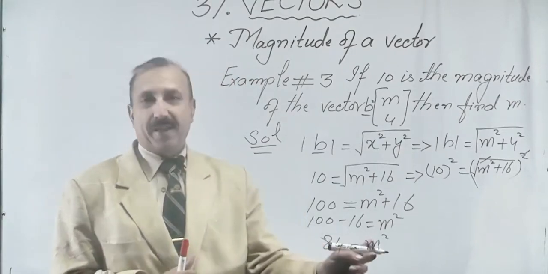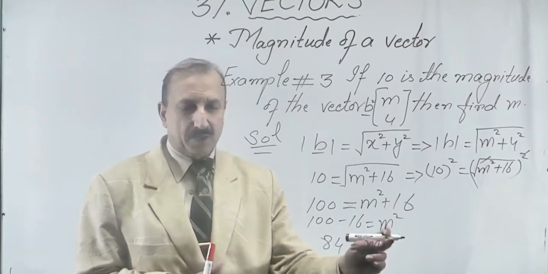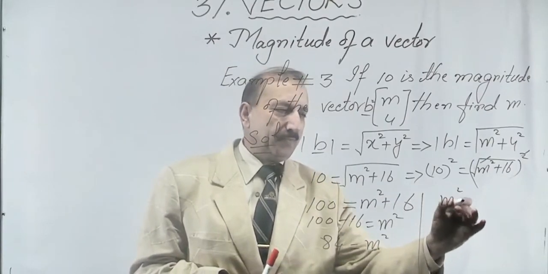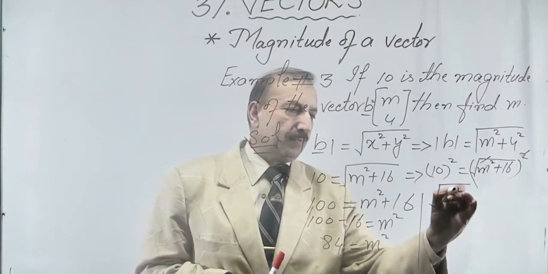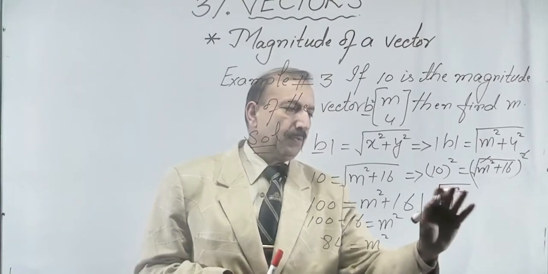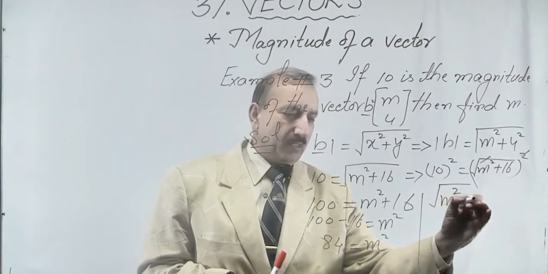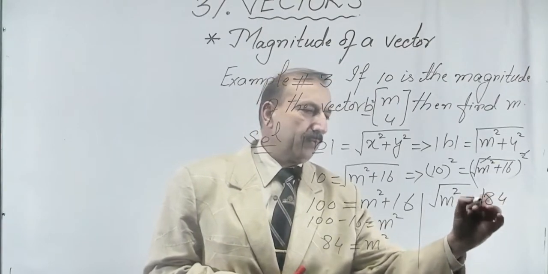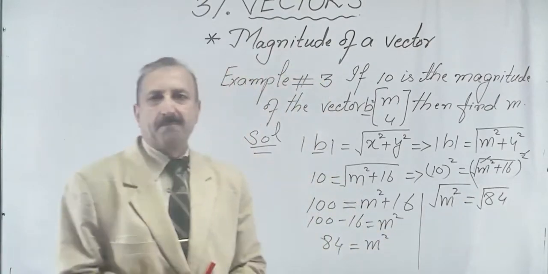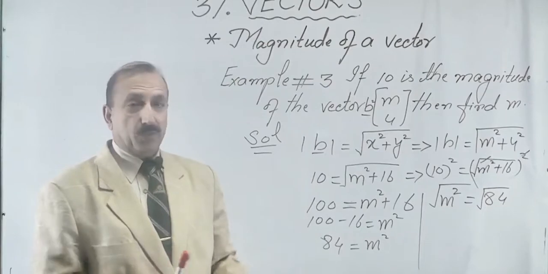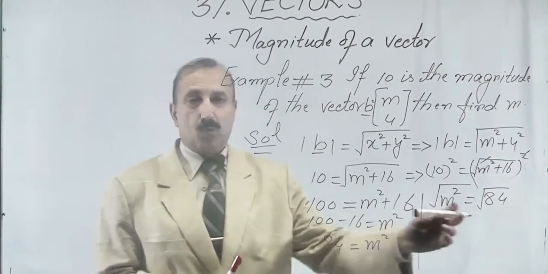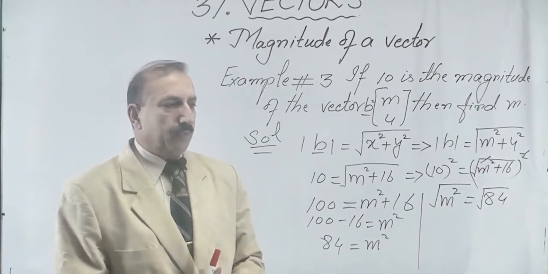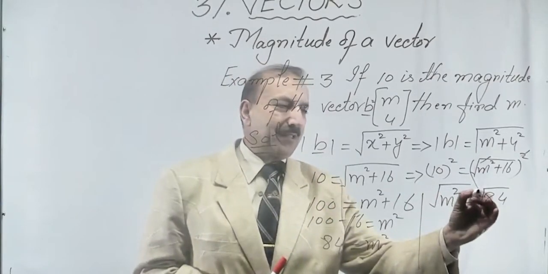And now we want to find m. To eliminate this square, we will take the square root on both sides, and we will have the square root of m square equals the square root of 84. As we know, when we take the square root on both sides in an equation, we are supposed to write a plus minus sign here.